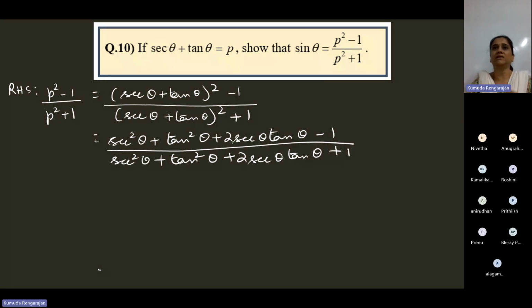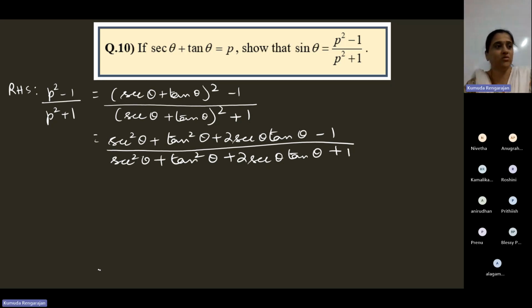For example, you know that cosecant square theta is equal to 1 plus cot square theta. So if you group 1 and cot square theta, you can write cosecant square theta. In that sense I'm asking: minus 1 with what ratio will give you a new result?